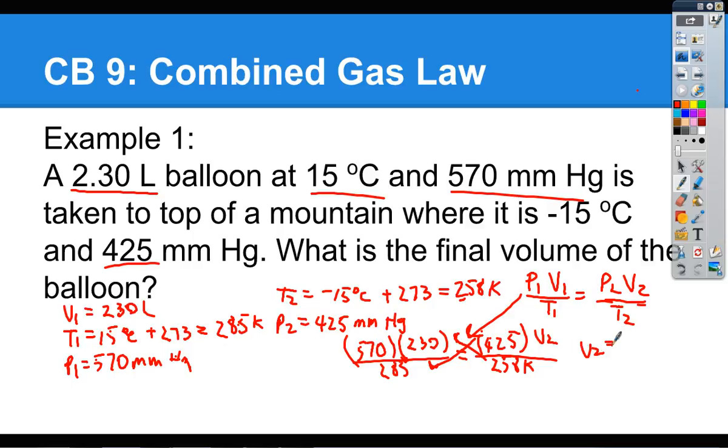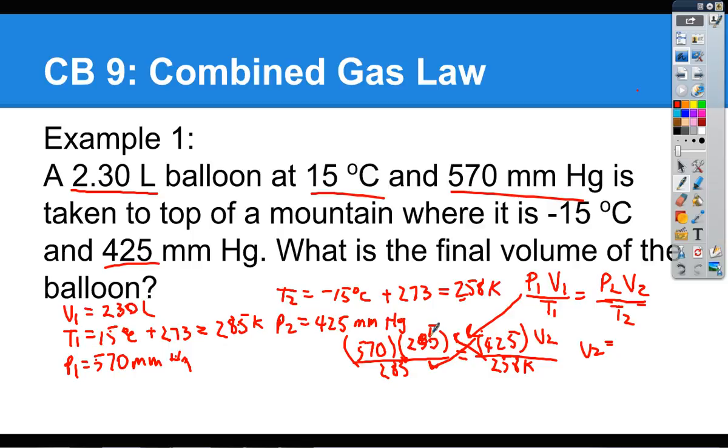We take our calculator out, and we're going to take 570 times our 230. Hang on a second. 285, yes, 285. That's what that's supposed to be right there. I don't know where that came from, but that is supposed to be 285.